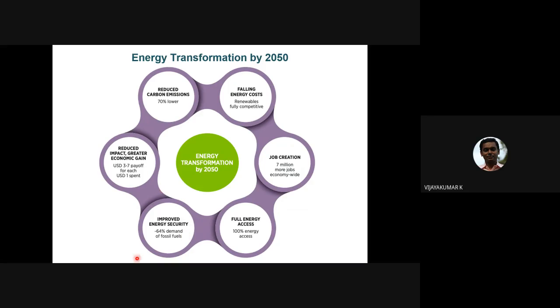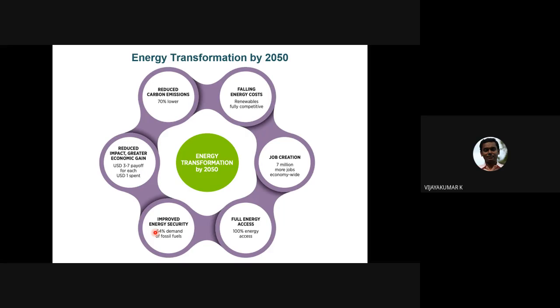Another objective is to enhance the energy security of the country. How can we improve it? Even in India, 80 to 90% of the power is generated from thermal power stations, and the fuel for these stations, like coal and oil, is imported from other countries, some developed countries.